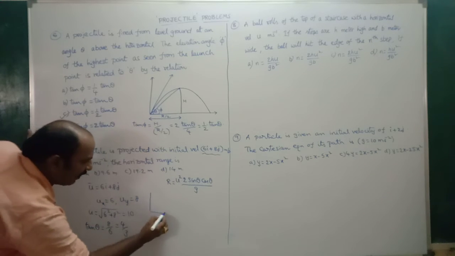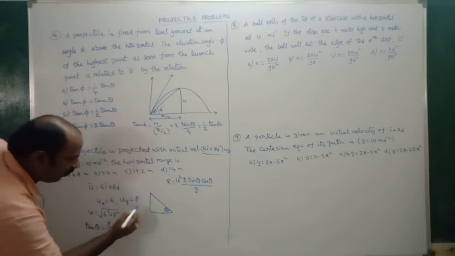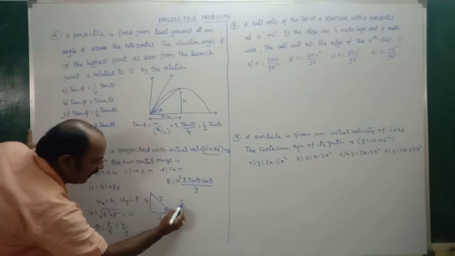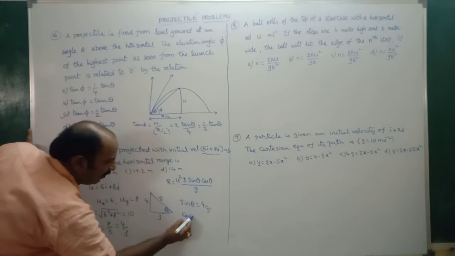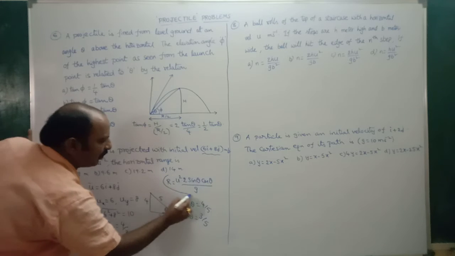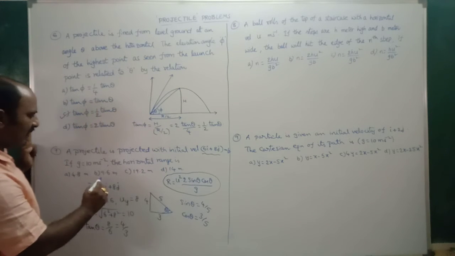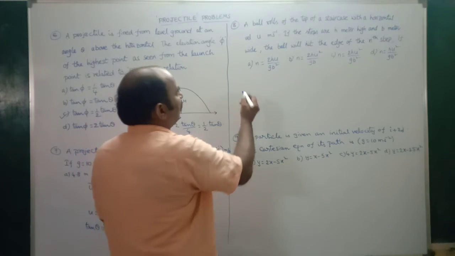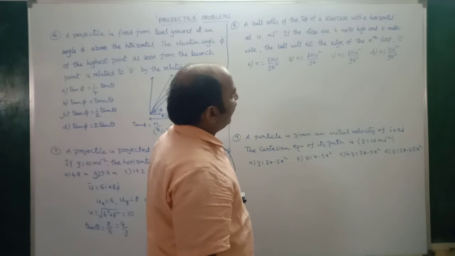By using a right angle triangle, tan theta is 4 by 3. From this hypotenuse is 5. Sin theta value is 4 by 5 and cos theta value is 3 by 5. All these values are substituted in this relation. We get R is 9.6 finally. Option B is right.